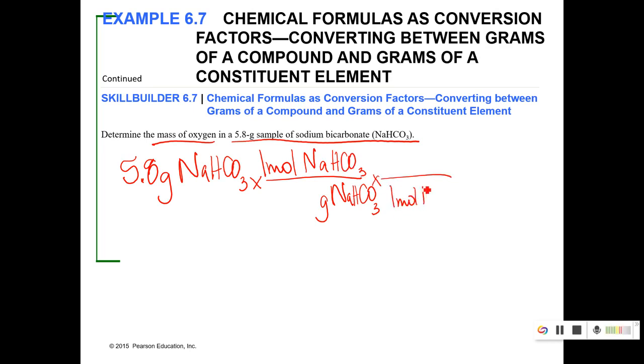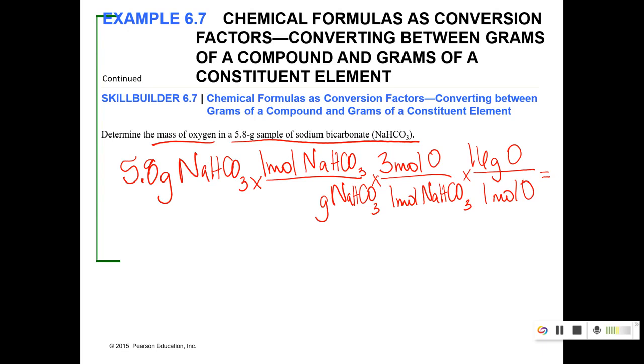Okay, in 1 mole of sodium bicarbonate, I have 3 moles of oxygen, and then 1 mole of oxygen weighs 16 grams of oxygen. Now, some of you may be thinking, but in chapter 5, she told us oxygen was diatomic, which yes, it is, but oxygen is not alone.